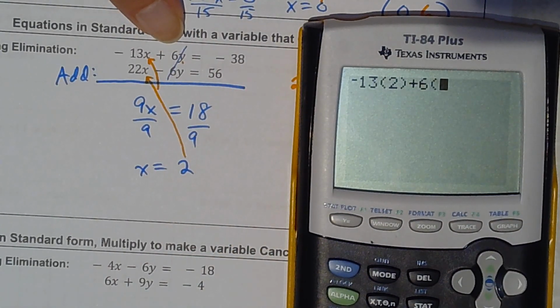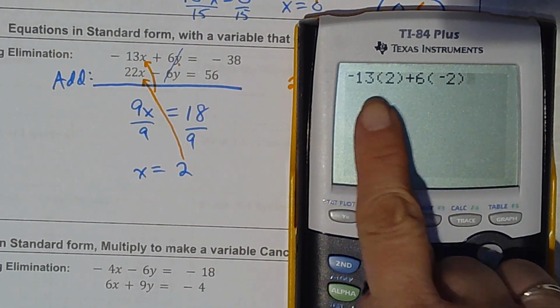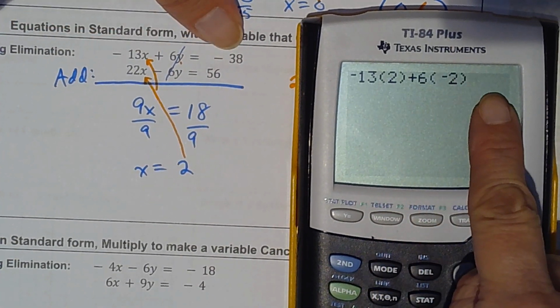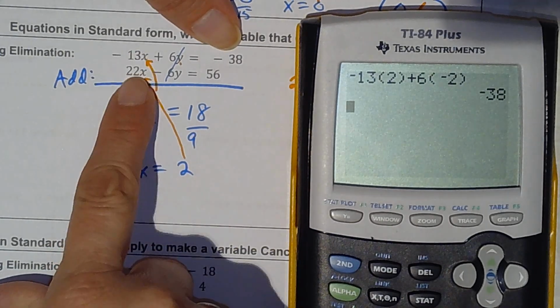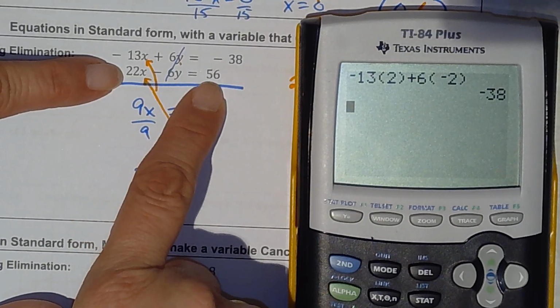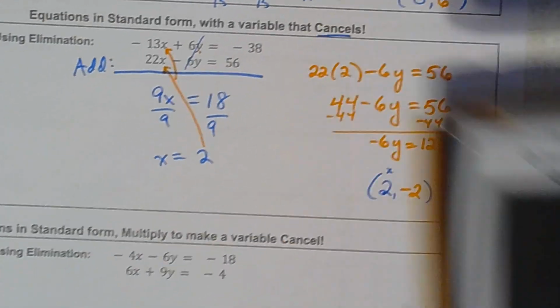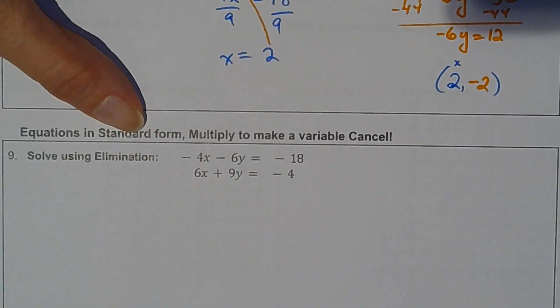Plus 6 times our y value, which was negative 2. And does the calculator say negative 38? It does. But remember, it must work in both. Does it work in this one? Yes, it does.